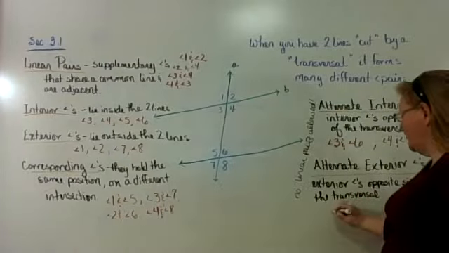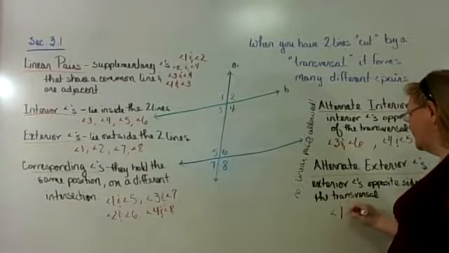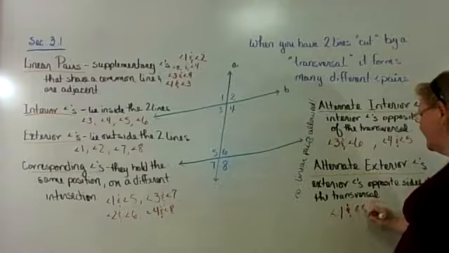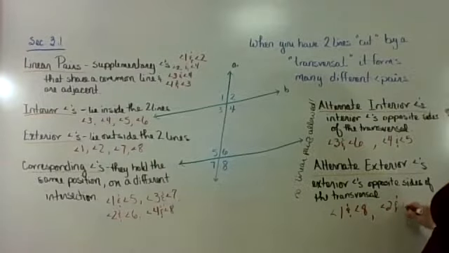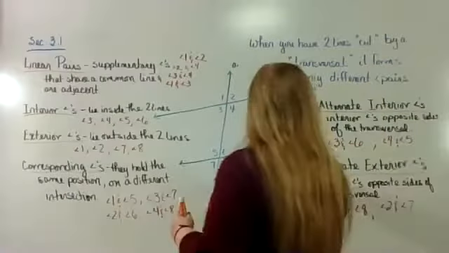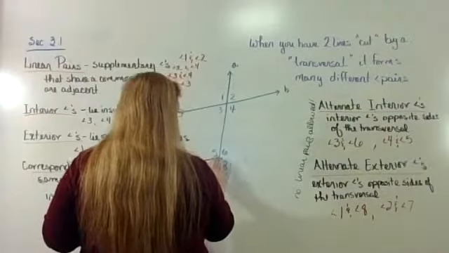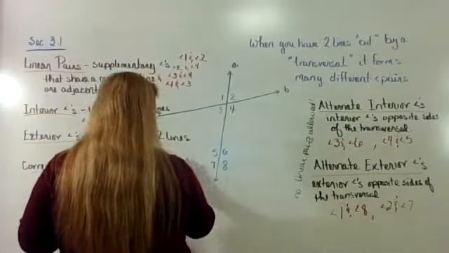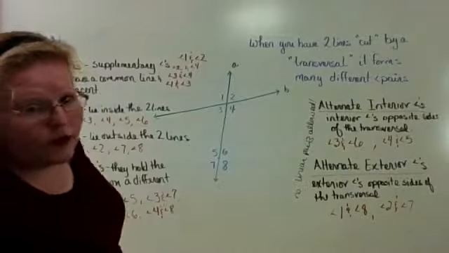Okay, so angle 1 and 8, and then angle 2 and angle 7. I can make it work. Once again, it doesn't matter what our lines look like. I could redraw my C, and as long as A cuts C or intersects with it, we know we're good.